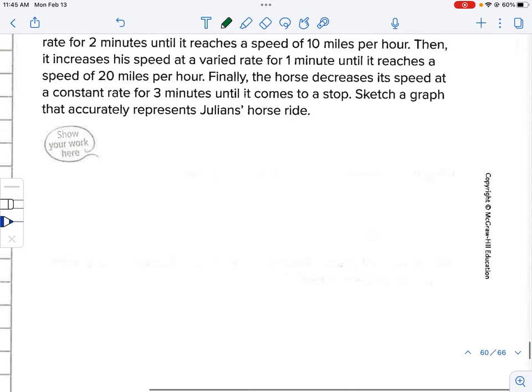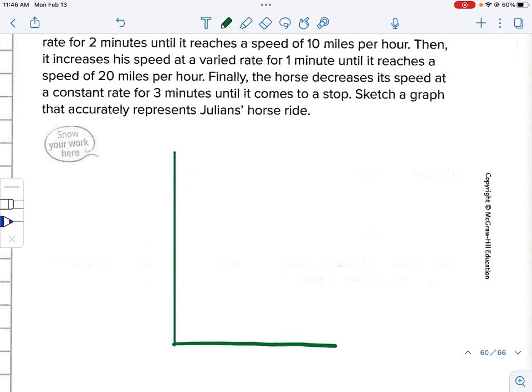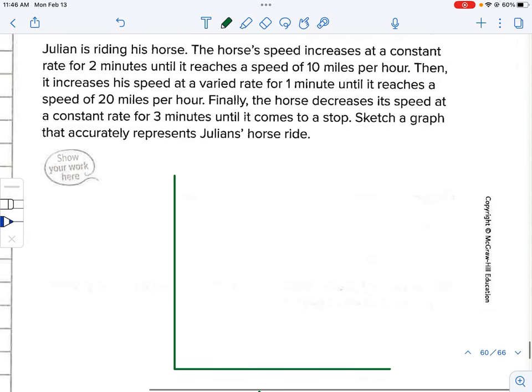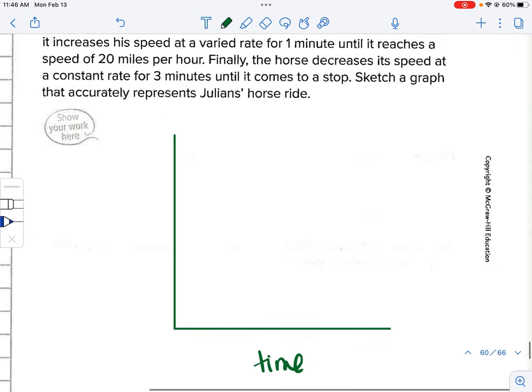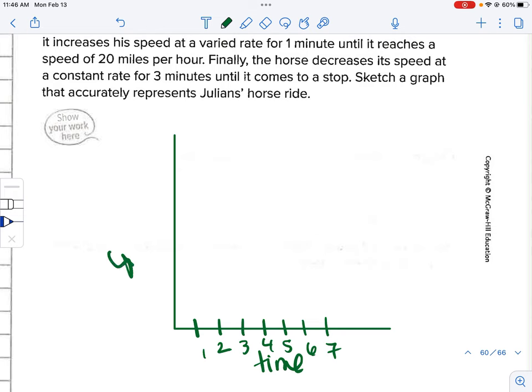So, I'm going to draw this. Okay, so down here we have time, and we have 2 minutes plus 1 minute plus 3 minutes, so I need to get at least 1, 2, 3, 4, 5, 6, 7 on there. And then we went up to 20 miles per hour, so this is speed in miles per hour.